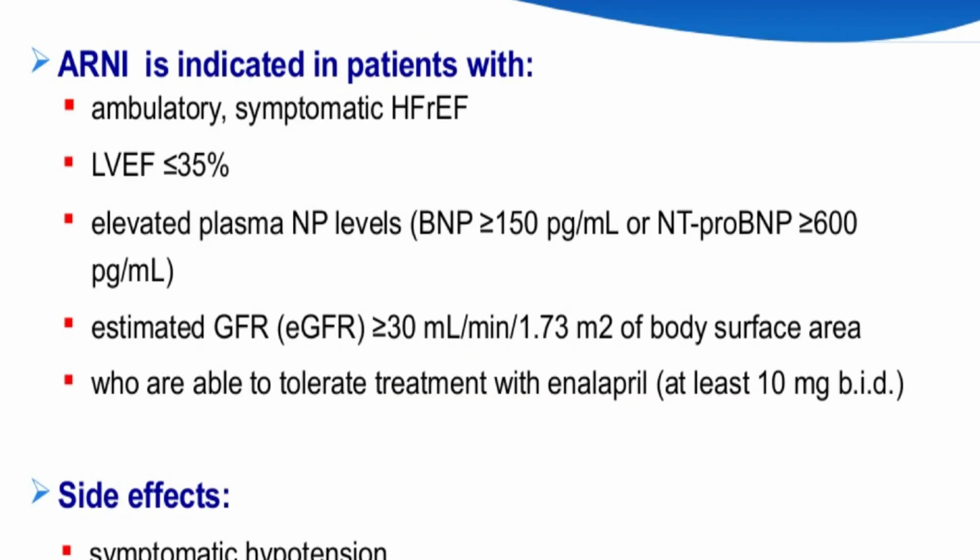The 4 pillars of HFrEF management are an SGLT2 inhibitor such as dapagliflozin or empagliflozin, an evidence-based beta blocker, an MRA such as spironolactone, and an ARNI such as sacubitril valsartan or alternatively an ACE inhibitor. These therapies improve mortality and reduce hospitalization.